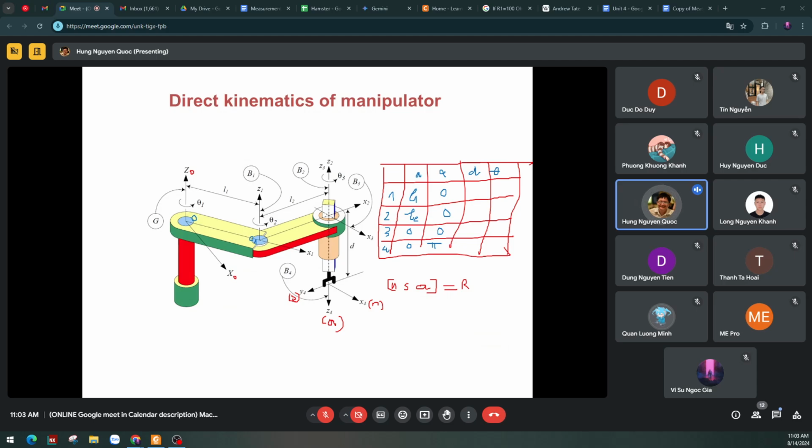You project O1 onto Z0 and they are coincident with O0, so it should be 0. In this case, you choose O2 here, and O2 and O3 here are the same. And then this also 0. You project O2 on Z1, it should be 0.